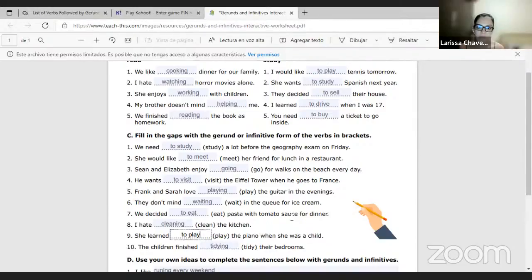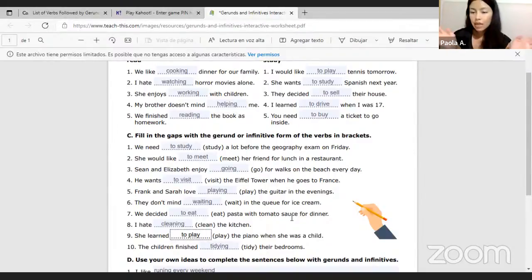So, for example, I'm just going to make this up, okay? I hated playing cards with my friends, or I hated how my teacher, or I hated all the homework my teacher gave me.